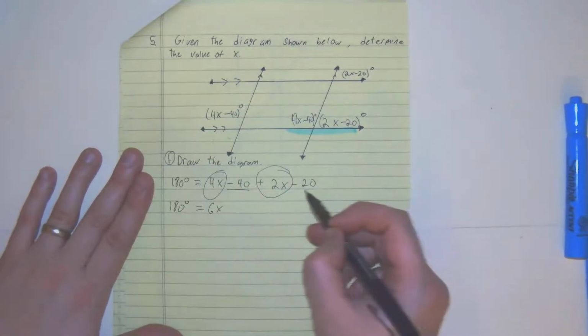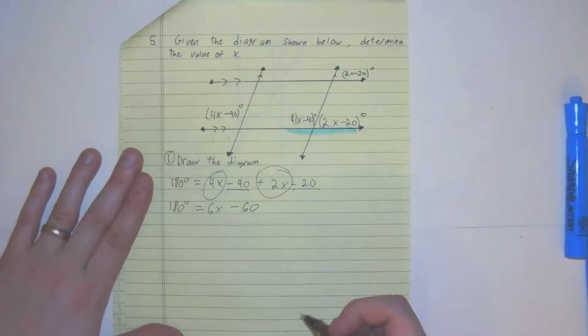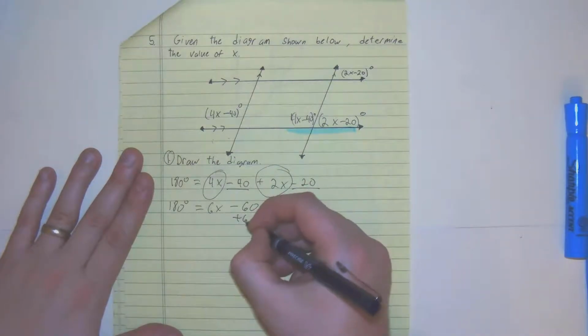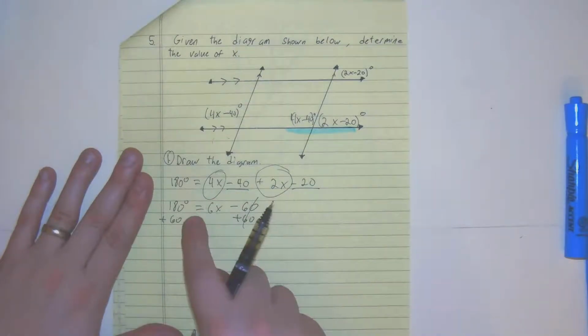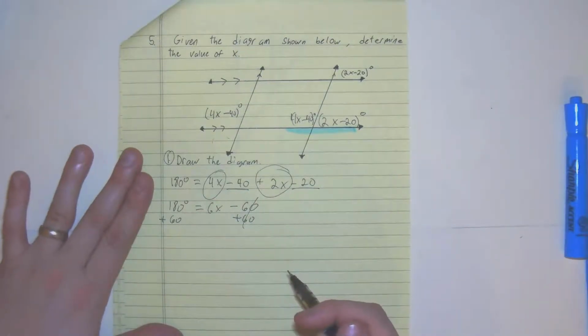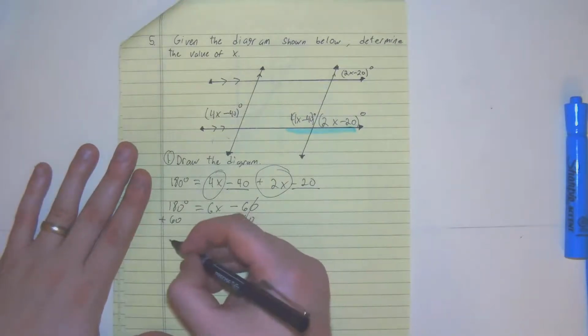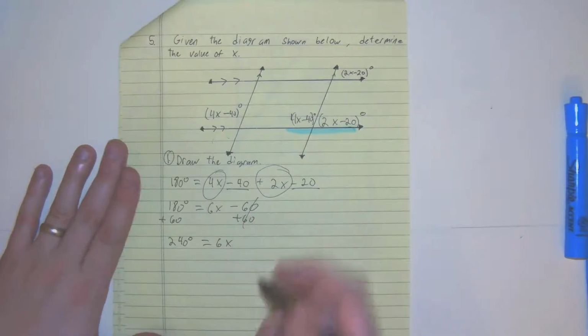Then we have negative 40, negative 20, gives you negative 60. From here, we're going to add 60 to both sides. So we have 19, 20, 21, 22, 23, 24. So we get 240 degrees is equal to 6x.